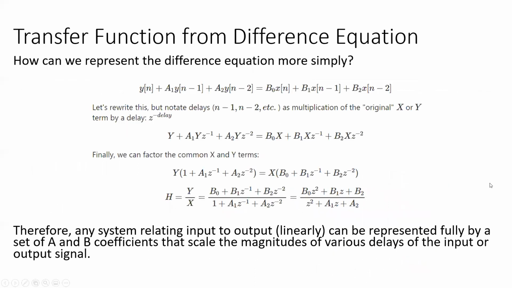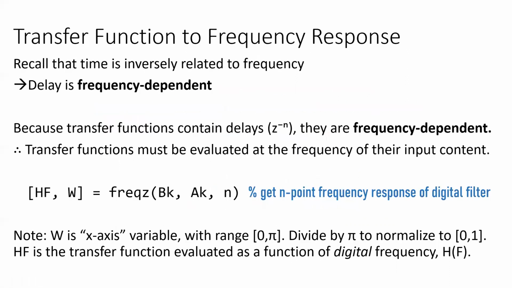But the way that these wind up being complex, by the way, is if you look at the B's and the A's, then you just look at that last fraction here. If the quadratic equation doesn't factor in such a way, you might wind up with complex factors. I hope that makes sense.